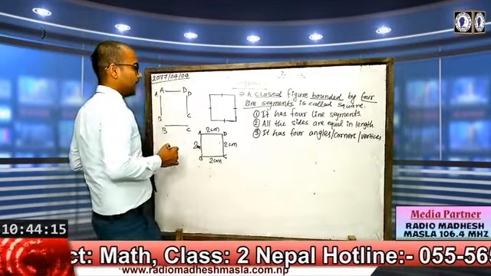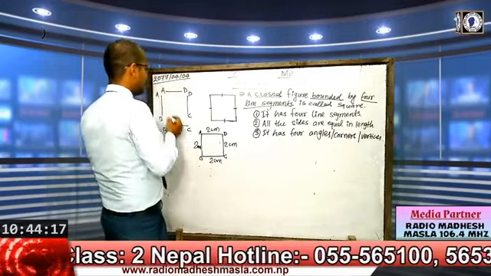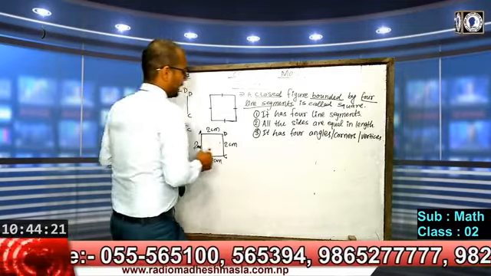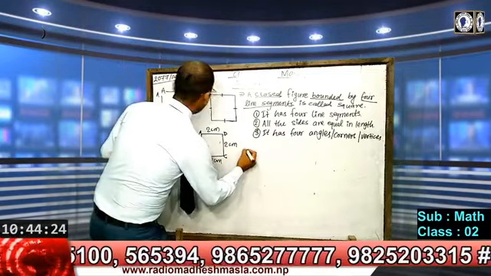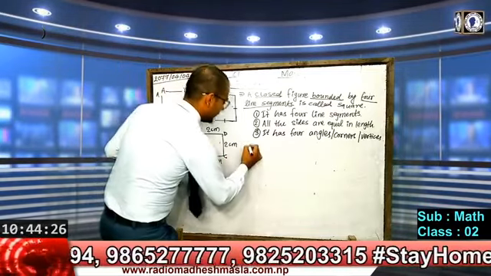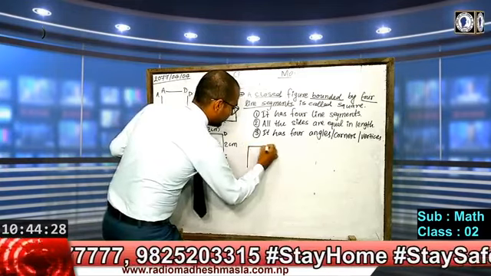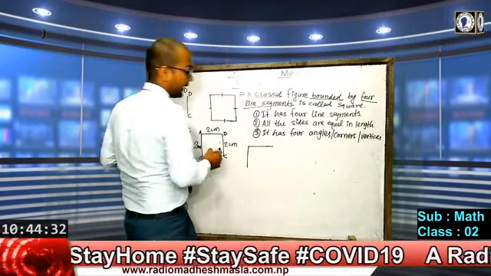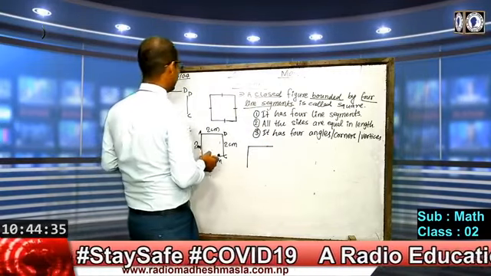When we join these 4 line segments one by one, suppose we join AB and AD, the figure formed is like an angle, which we have already learned in our previous classes.